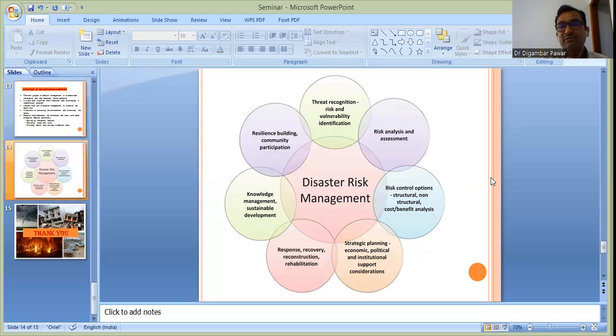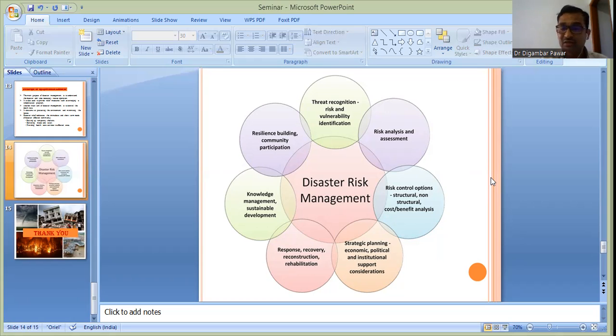These are the disaster risk management steps, how to manage disaster risk. So, threat recognition, and risk and vulnerability identification is there. Risk analysis and assessment is there. Risk control options such as structural, non-structural, and cost and benefit analysis are there. Strategic planning such as economic, political and institutional support consideration is there.